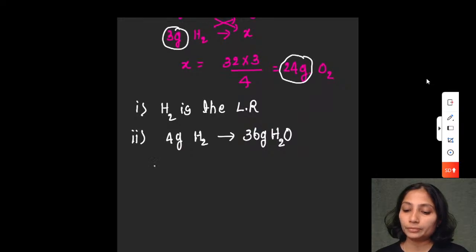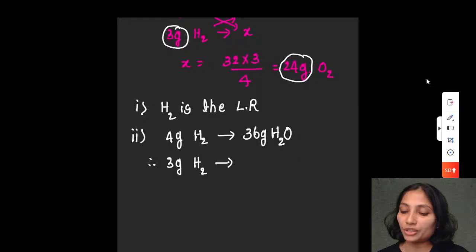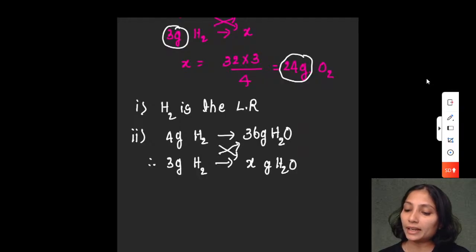Therefore, how much gram of H2O is given by 3 gram of H2? X gram H2O. Again cross multiply and calculate.